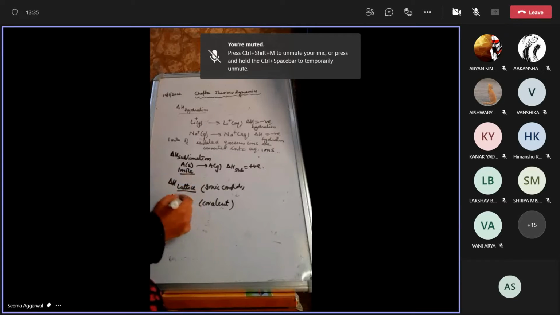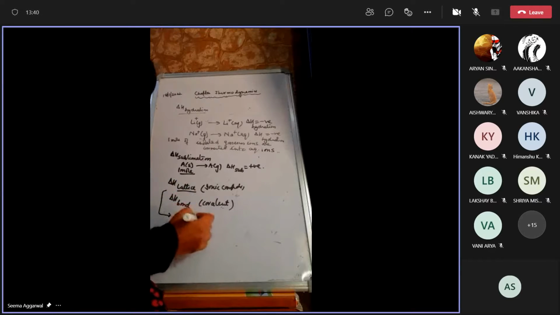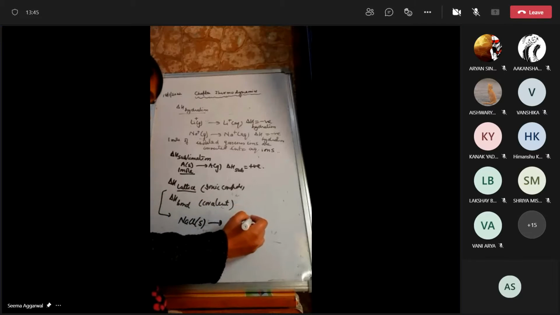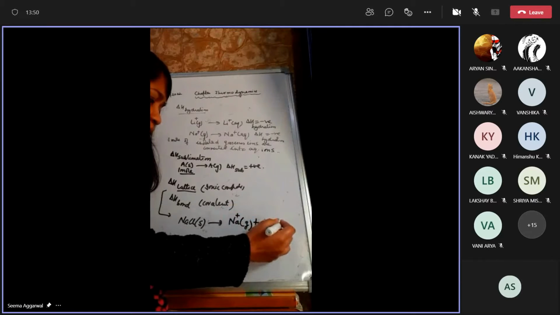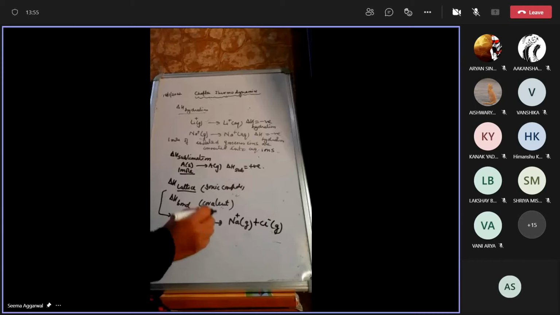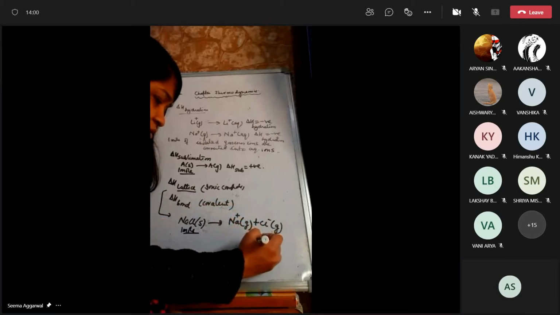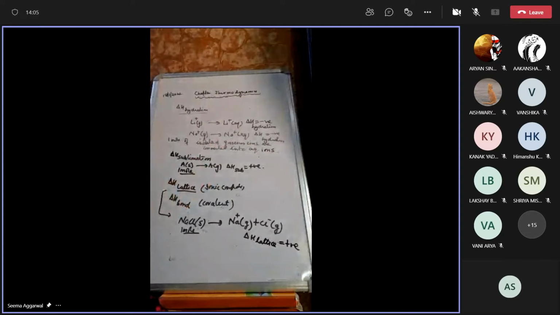So if I am taking NaCl, that is solid, and all the bonds are broken, and we are getting sodium ions and chloride ions. Ionic compound means it consists of ions. So when one mole of a solid is converted into its ions, the energy required, as we are breaking bonds, energy will be required. It is called lattice enthalpy.